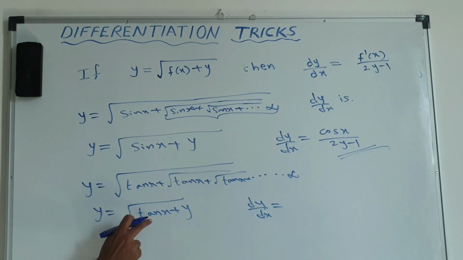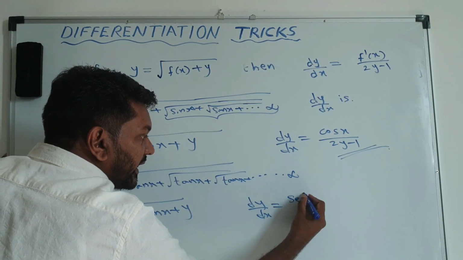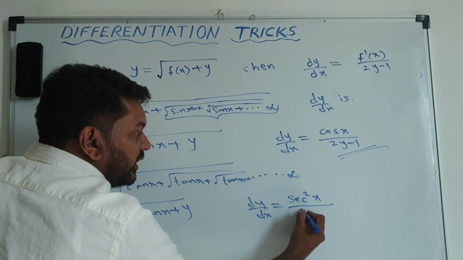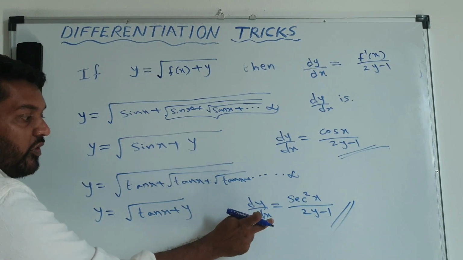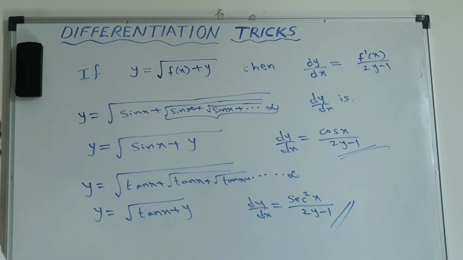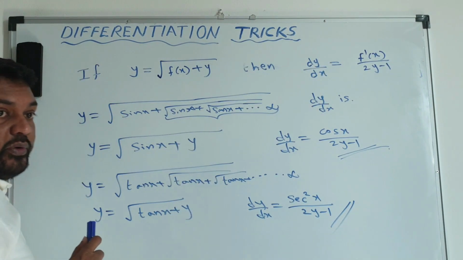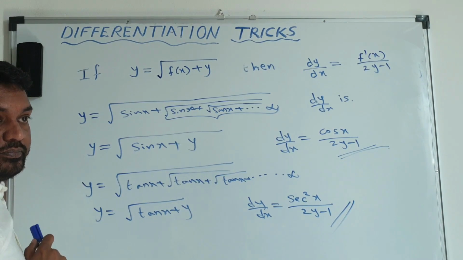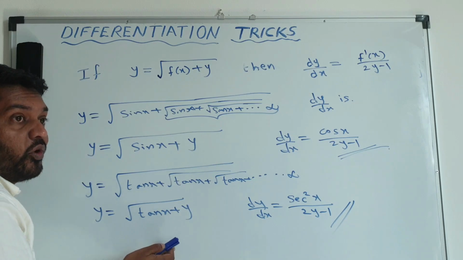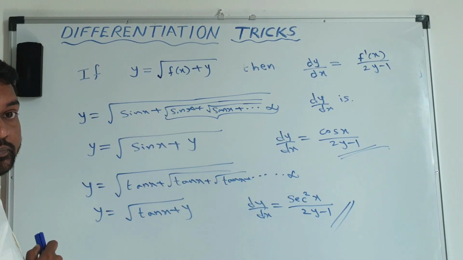F dash x will become tan x derivative, which is sec square x, divided by 2y minus 1. Directly you can find this option in the answer. If you know this, it will save a lot of time while doing MCQs for any exam. Especially these questions are coming for engineering entrance examinations.